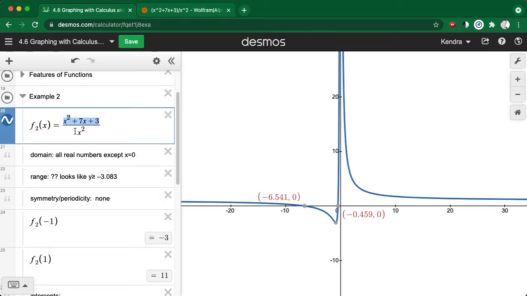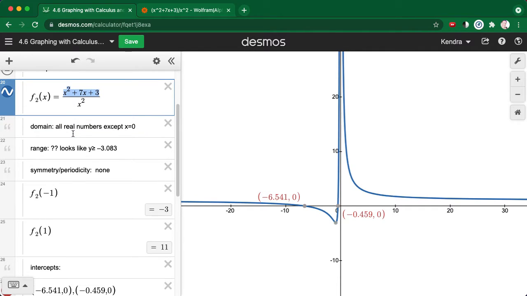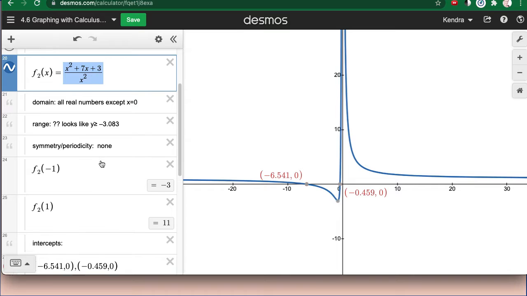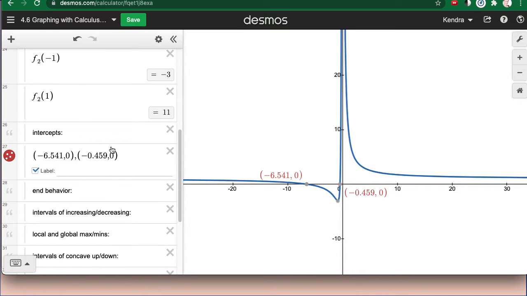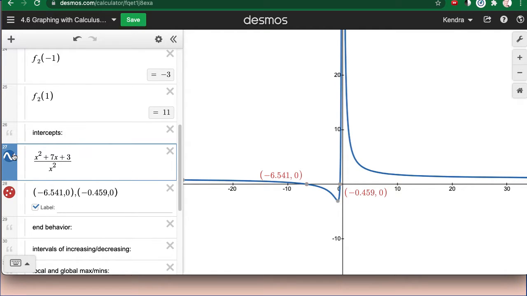Because this is a second-degree polynomial, we actually have a quadratic formula which could give us this. So let's do this. It's -b plus or minus the square root of b squared minus 4ac, over 2a. So a equals 1, b equals 7. I'm just going to copy paste this and bring it down here. So turn that off.